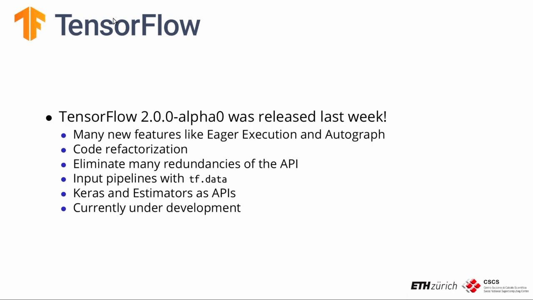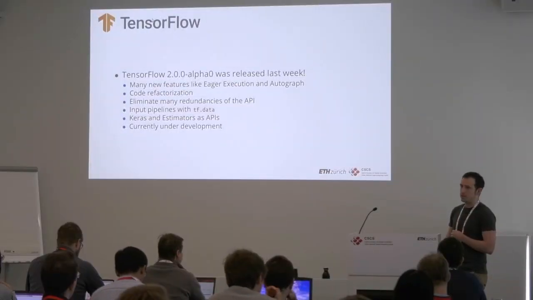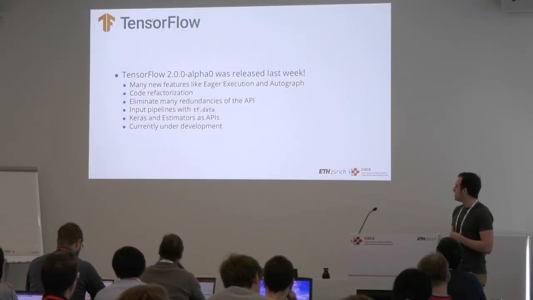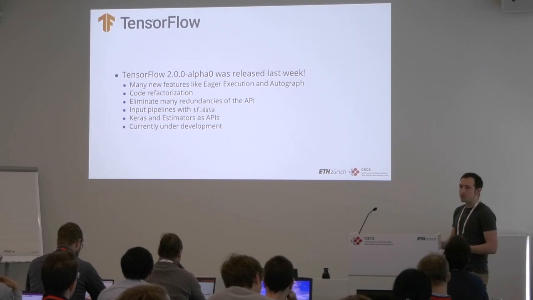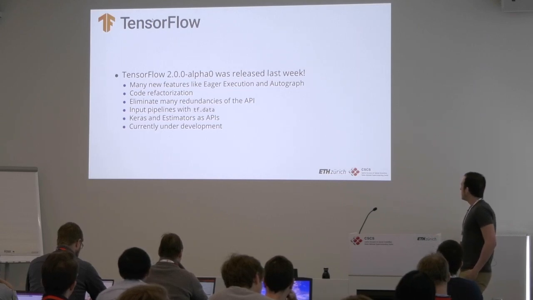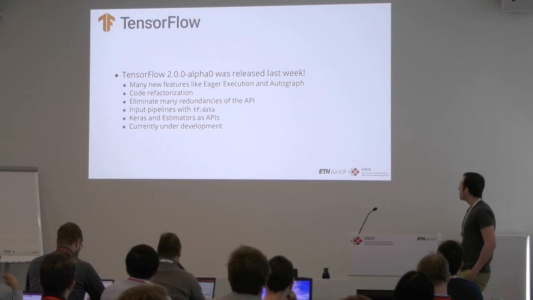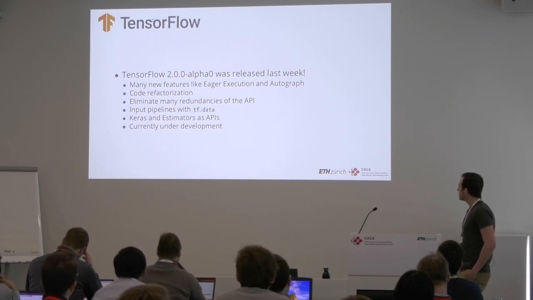There will be a refactorization of the code, which is going to be very good, because they are going to remove many duplicates and redundancy. The input pipelines, we're going to talk about this in detail later, are going to be an important point of TensorFlow 2.